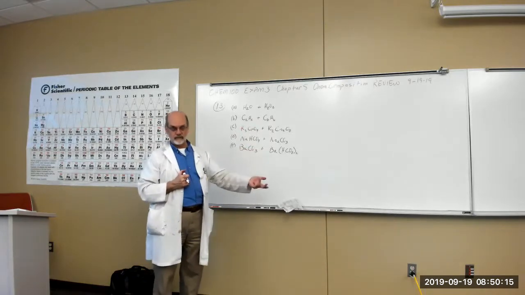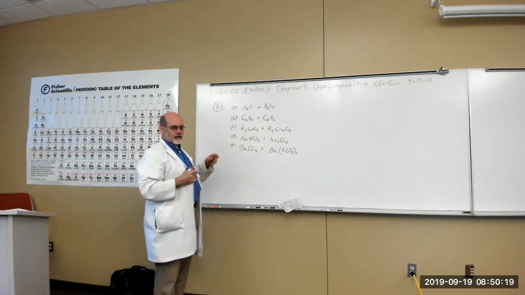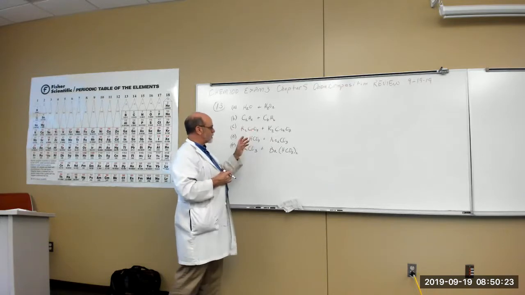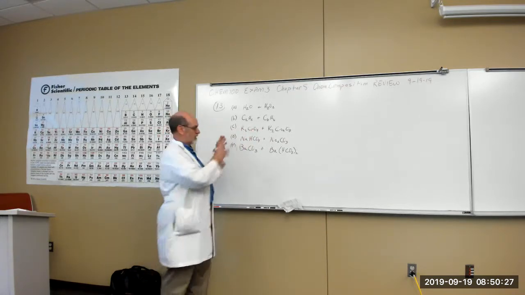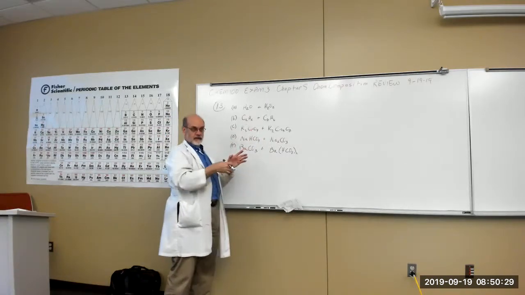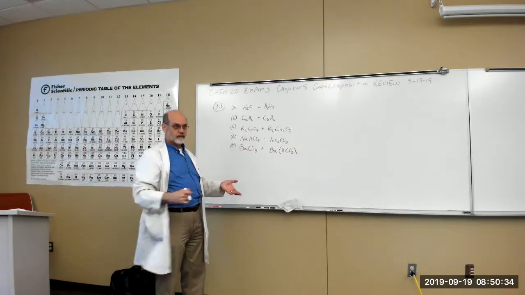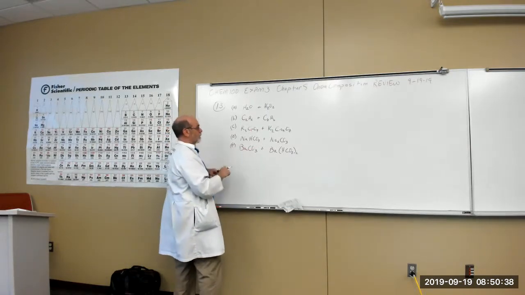The answer would be empirical. So the first requirement, in comparing these two, is do they have the same elements? If they don't have the same elements, then they can't possibly have the same empirical formula. You can't have an extra element, it just doesn't work.